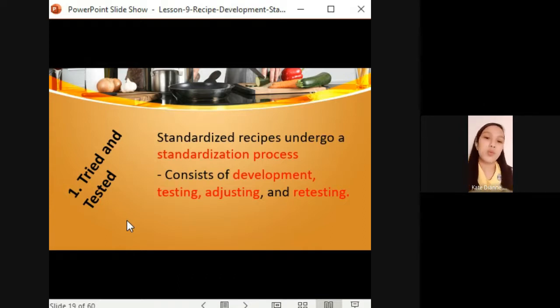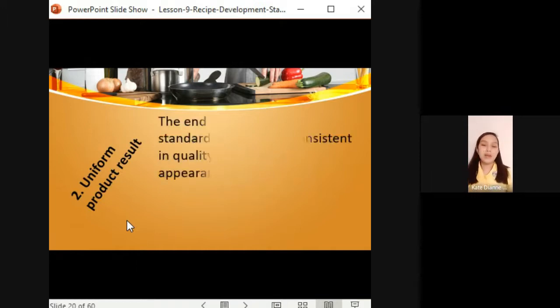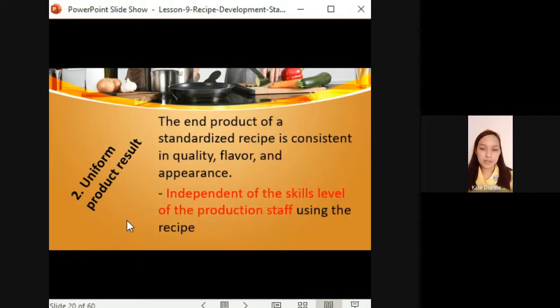Okay, so number 2, the end product of a standardized recipe is consistent in quality, flavor, and appearance, independent of the skill level of the production staff using the recipe. Since the recipe is already standardized, the result is a uniform product.